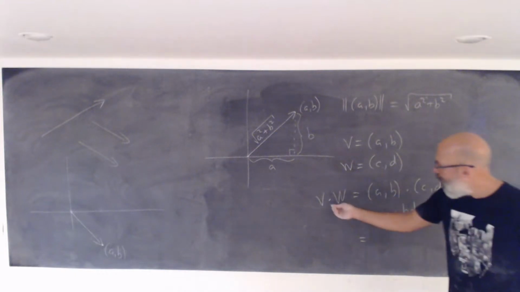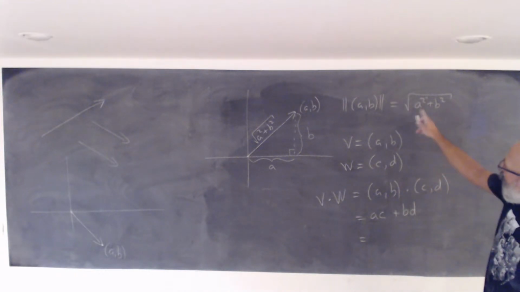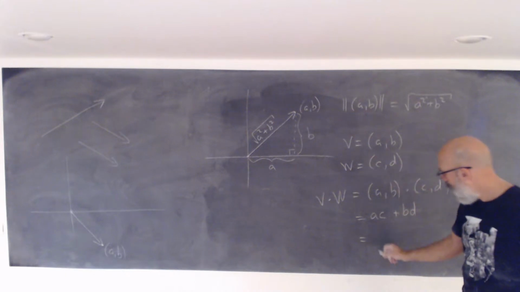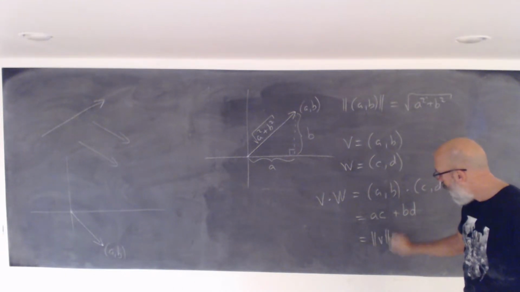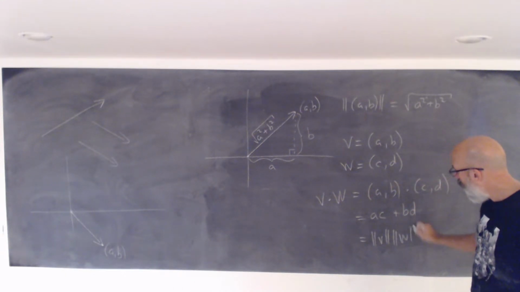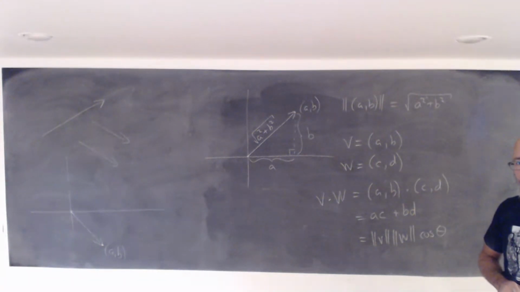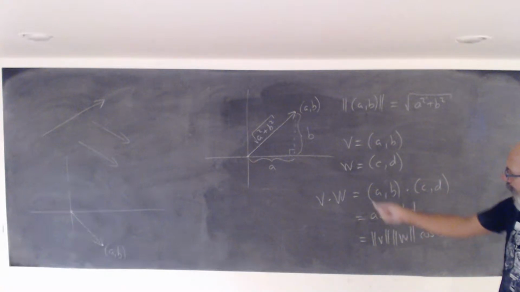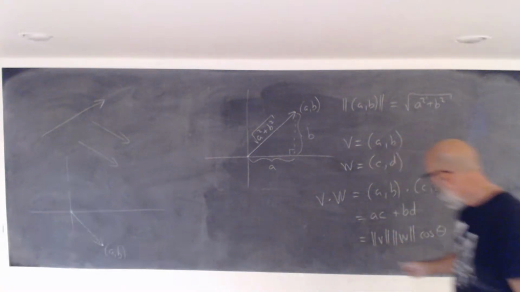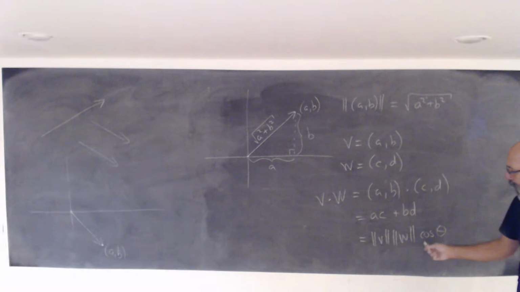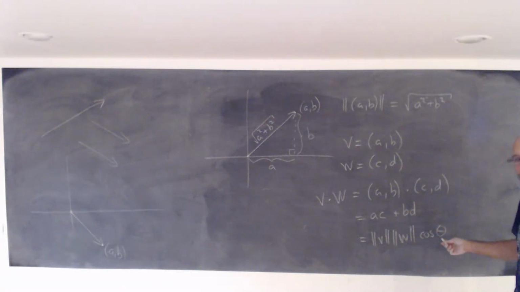Theorem, as you know, the dot product is really the length of V, length of W, times cosine of the angle between the two. And we say that V and W are perpendicular or orthogonal if the angle between the two is 90 degrees or pi over 2.